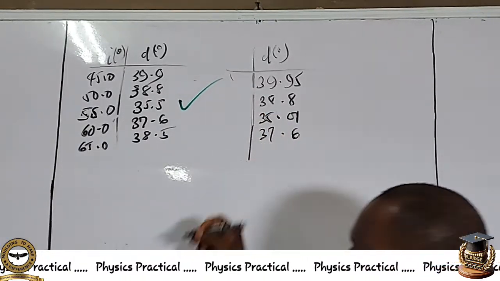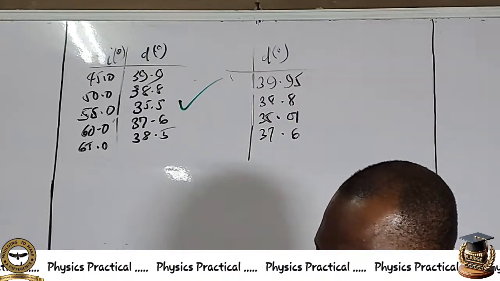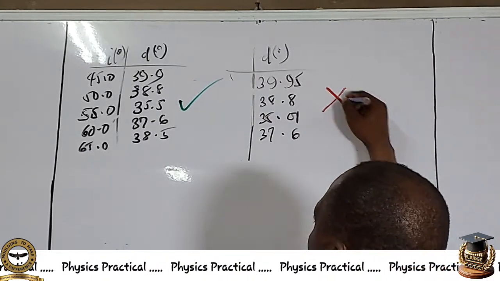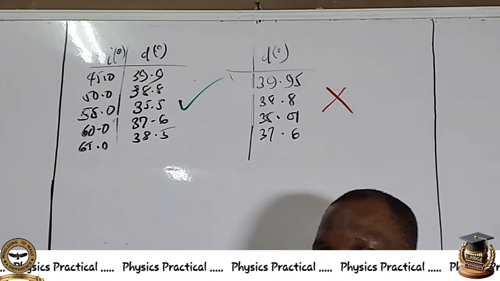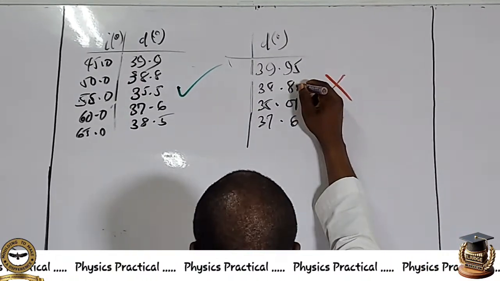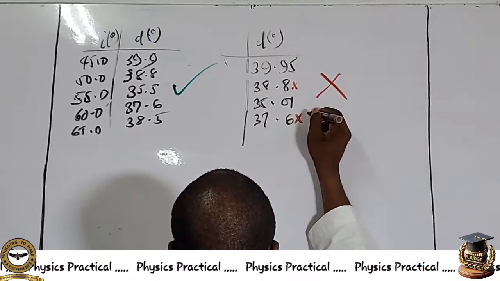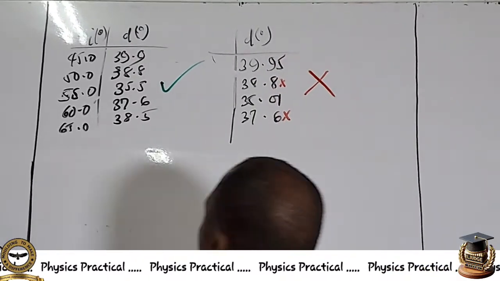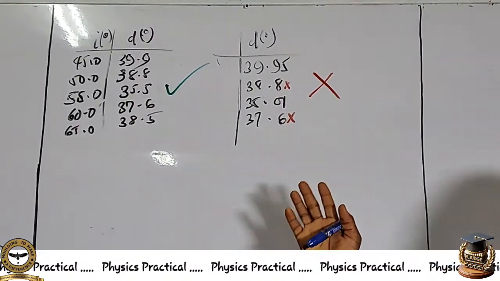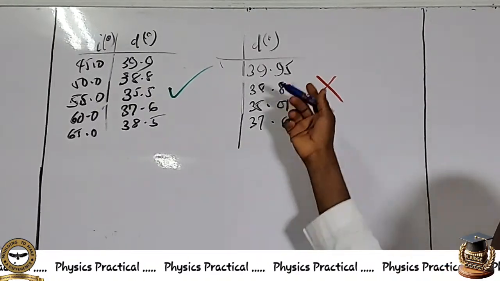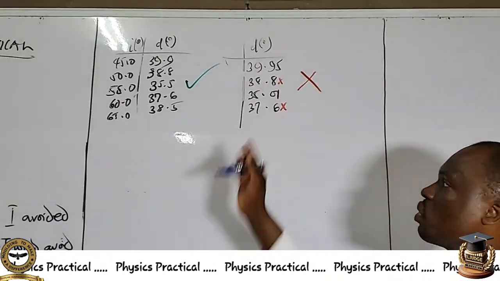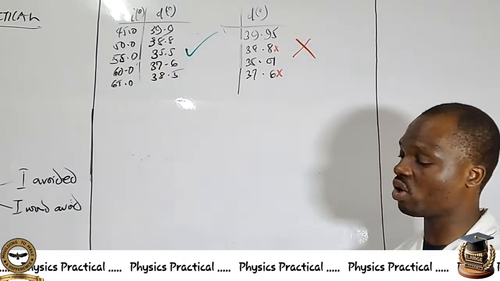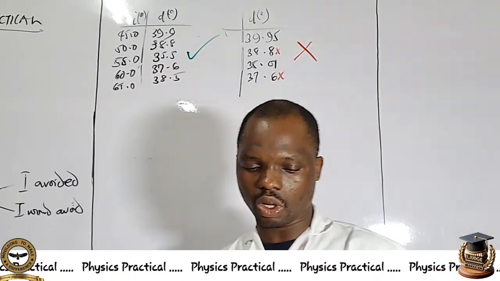This is inconsistent, and so it's going to be marked wrong, because each one that is inconsistent will be marked out. If the question is just carrying one mark, each one you miss here is minus half. So you have lost the mark for that column. You have to note that also.